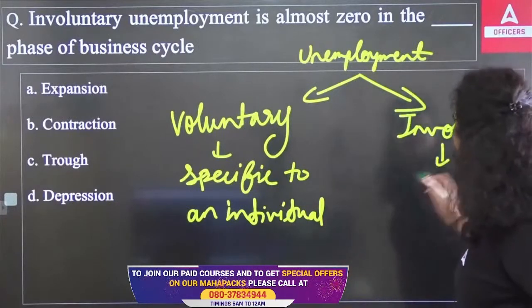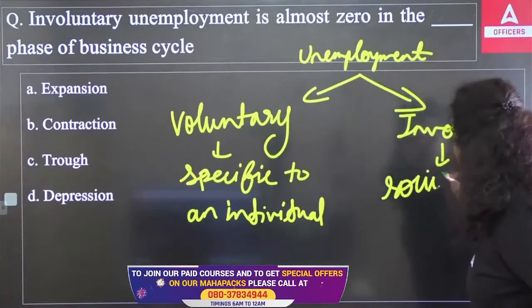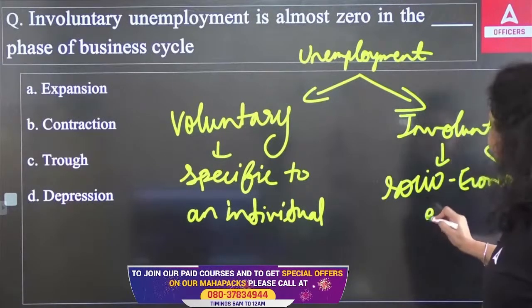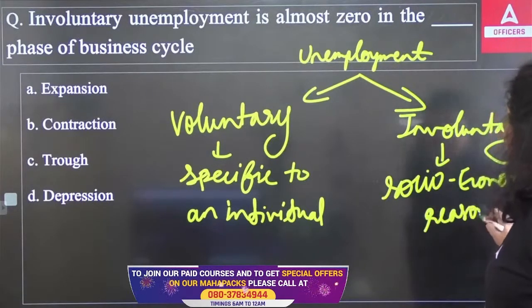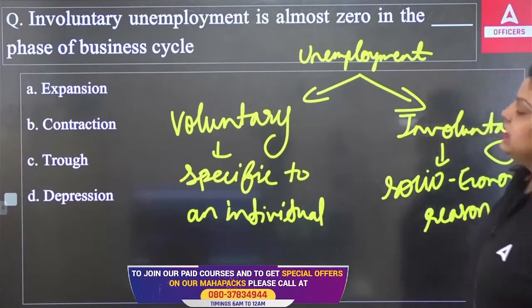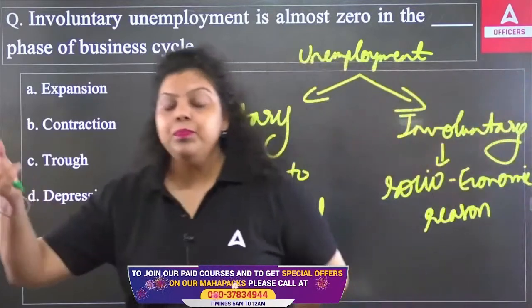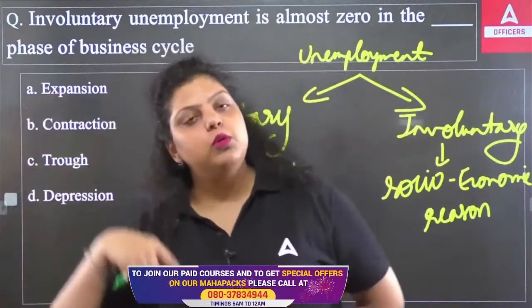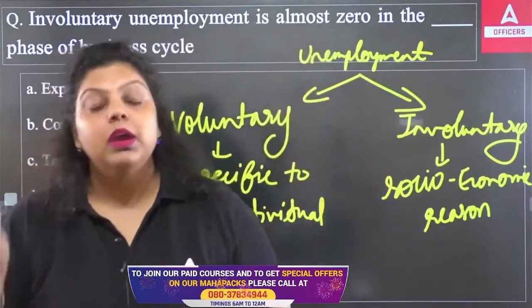Involuntary unemployment is the unemployment which can be seen because of socio-economic reasons. If you are finding unemployment because of socio-economic reasons, that's involuntary unemployment. Now what is a socio-economic reason? Let's say I am skilled, physically and mentally fit, I want to do a job, I am looking for a job, but I am not finding one.